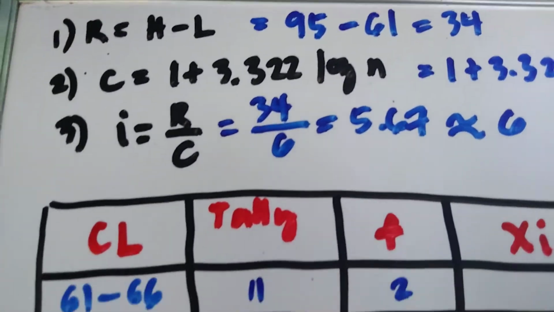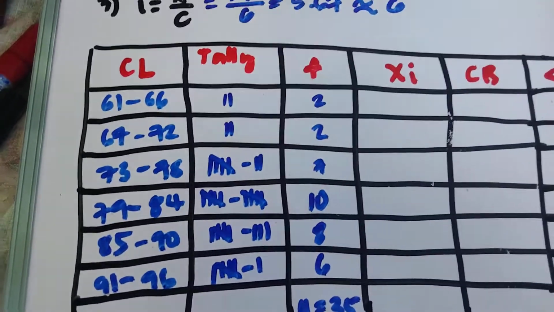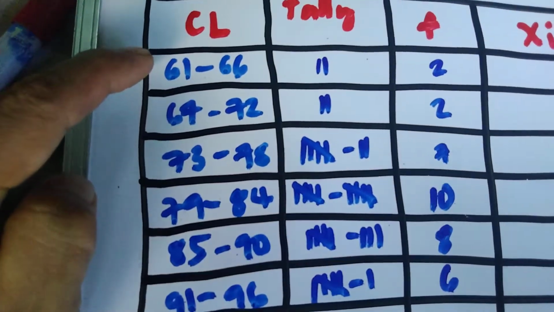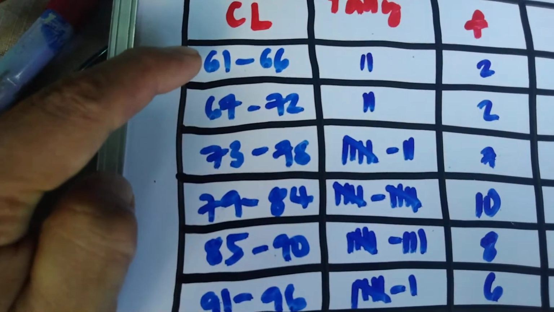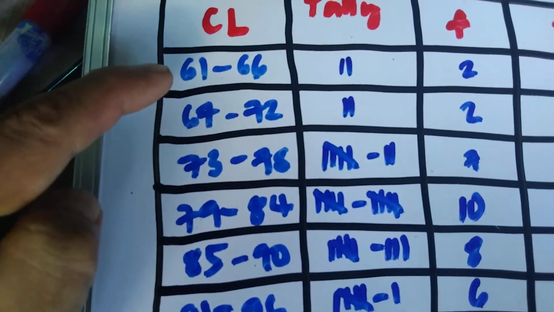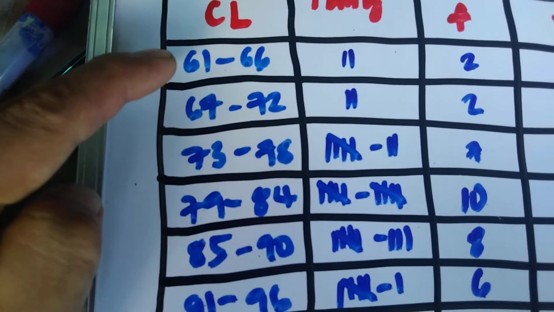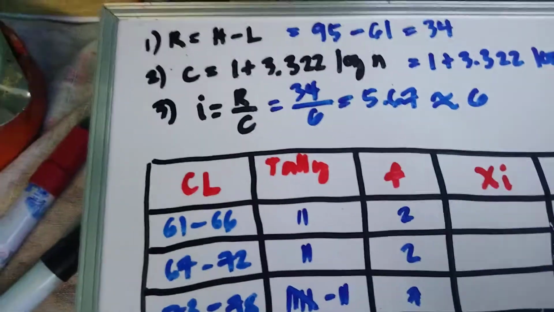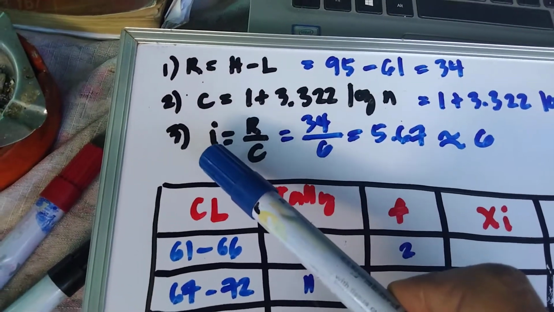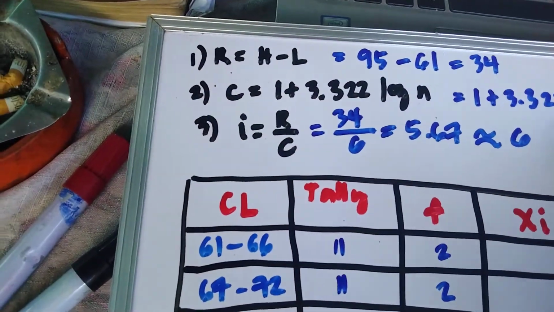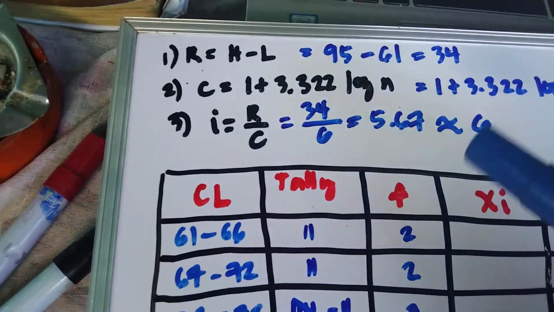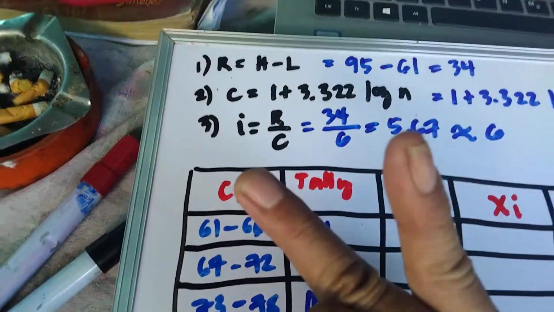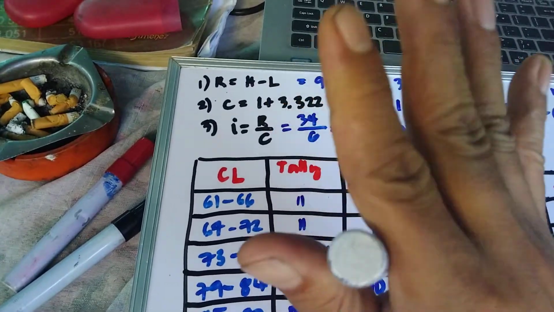Now, as you observe, this is the table given to you. This is the first class interval. We start at 61 because 61 is the lowest score. Why do we reach 66? Because our I, the width of one class, is 6. So you count from 61: 61, 62, 63, 64, 65, 66.